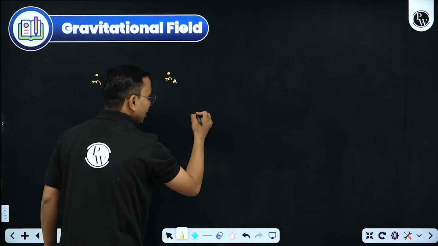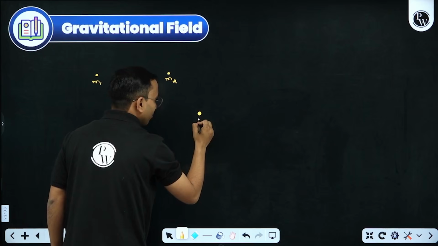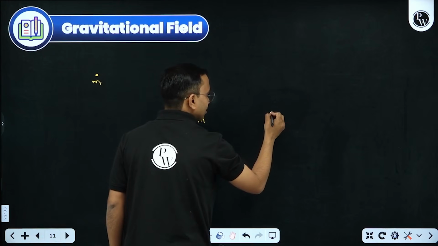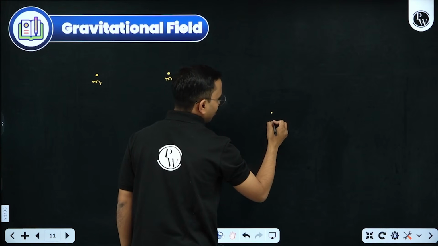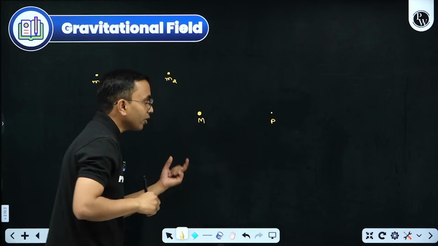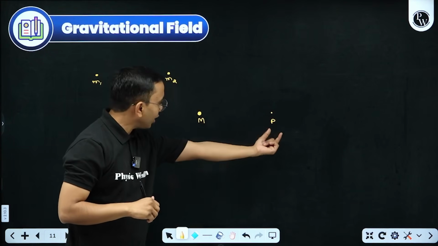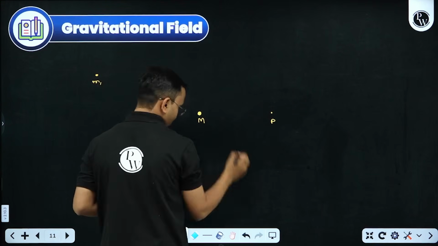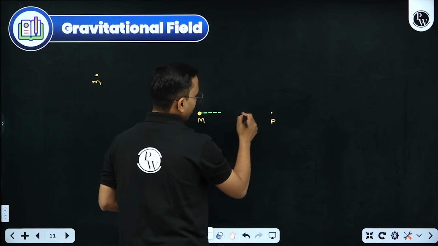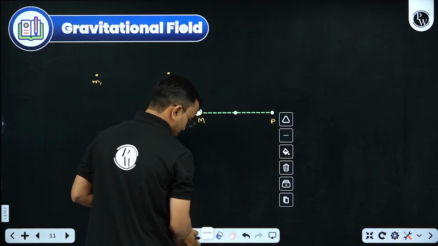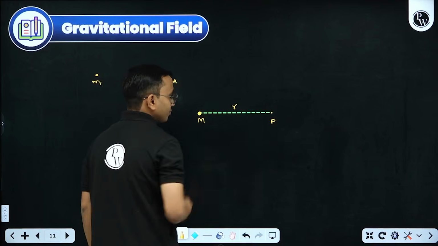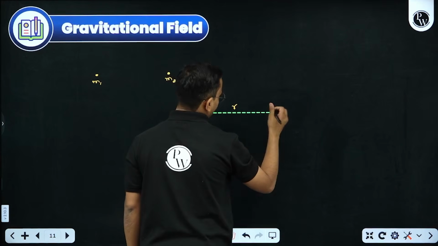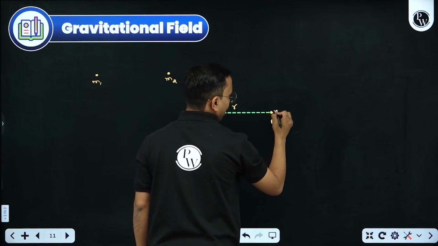So if I say this is mass m, at a distance r, if I take point P, I want to find what is the gravitational field at point P due to this mass. What is that? So what I'll do, this is my distance r. I'll put a small test mass here. Let us take small m naught.